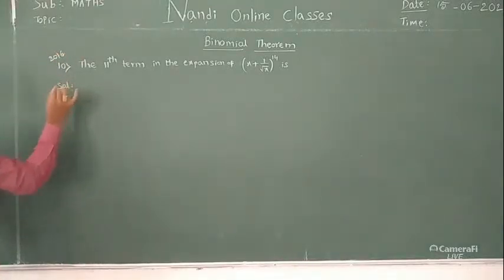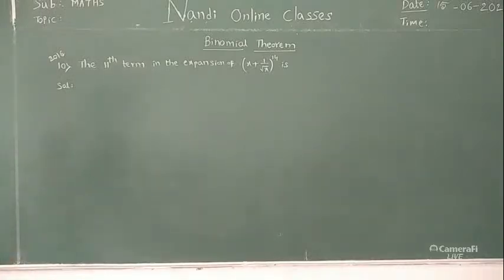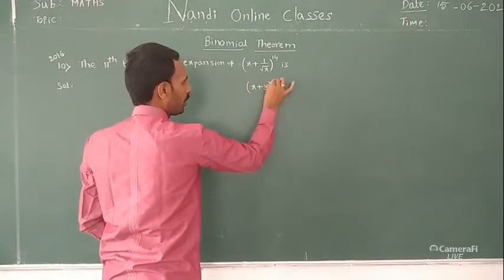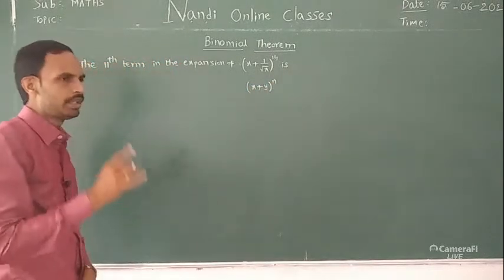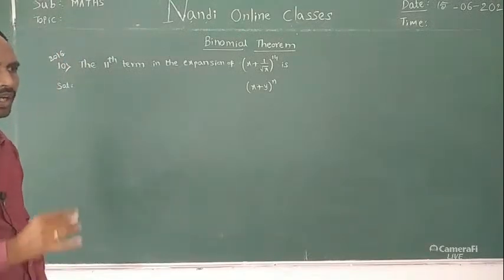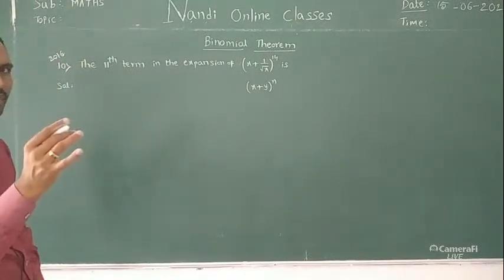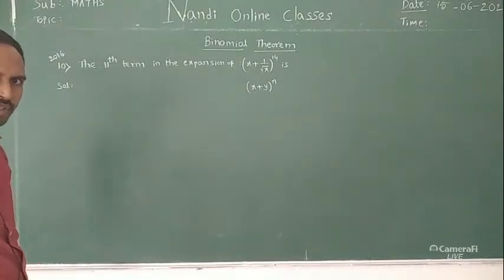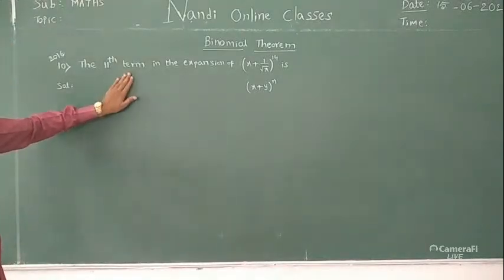Okay, solution. The 11th term in the expansion of x plus 1 by root x whole power 14. It is in the form x plus y whole power n. If you expand that, you will get n plus 1, that is 15 terms. Out of 15 terms, they asked to find the 11th term.